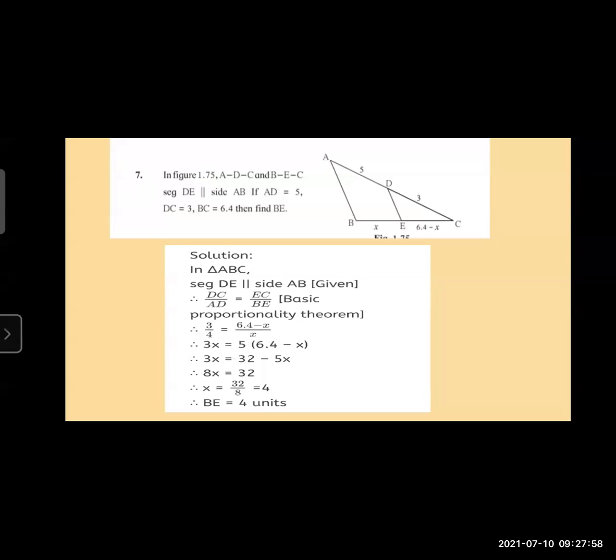AD is 5, DC is 3, BC is 6.4. So find BE. It's a very simple question.